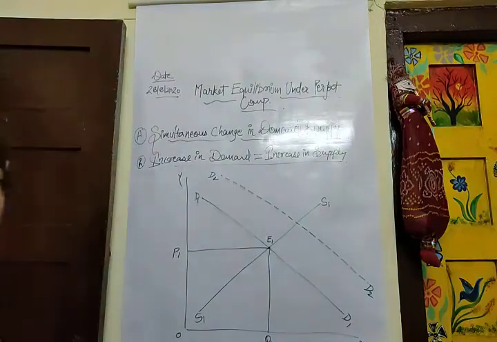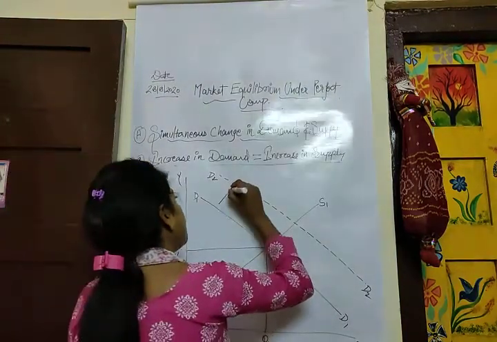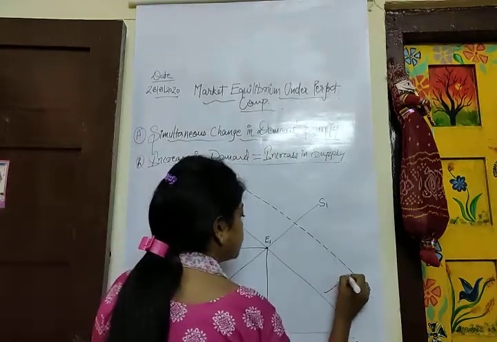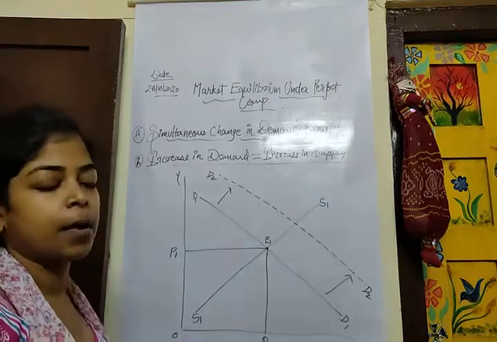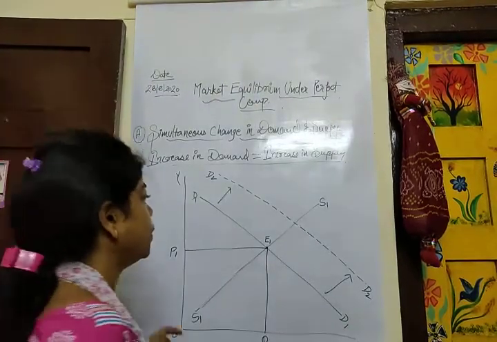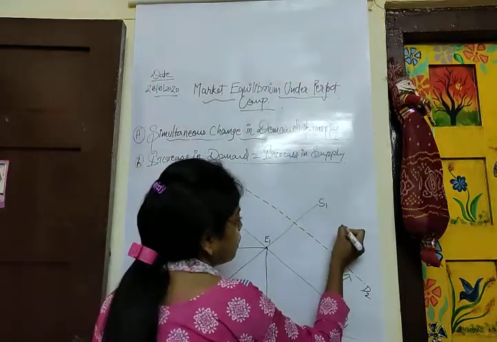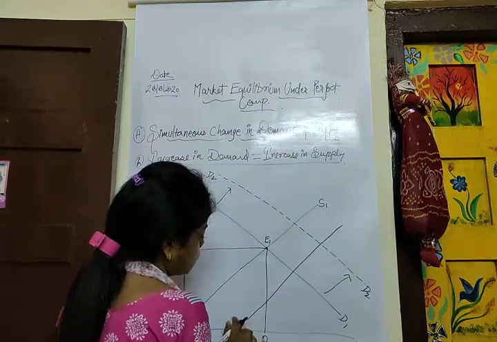Let's draw the increase in supply in the same way. Now increase in supply equals increase in demand. That is why when the supply increases, the curve goes downward, in the same manner. This is supply.